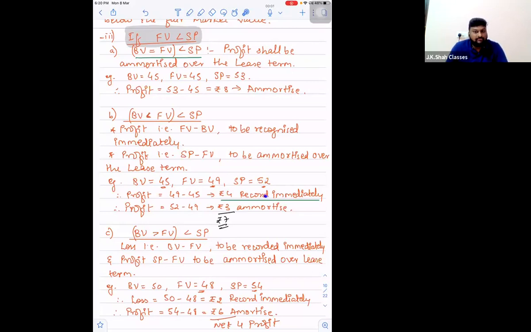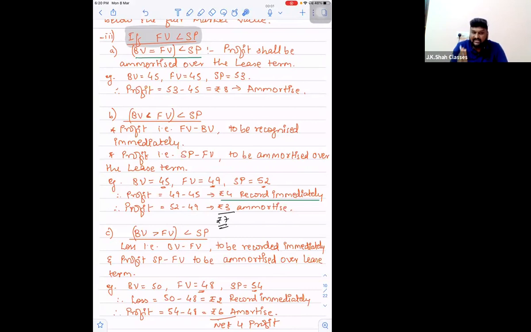So whatever part of my selling price is greater than fair value, that profit has to be amortized. So for that one reason only, I am showing two types of profits over here. So my first type of profit, fair value 49 minus book value 45. Means the logic is what? The profit to the extent of the fair value shall be recorded immediately.